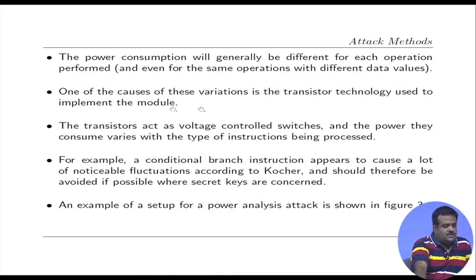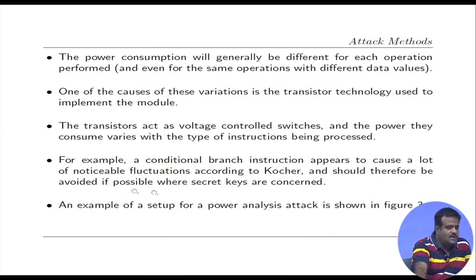One of the causes of this variation is the transistor technology used to implement the module. The transistors act as voltage-controlled switches, and the power they consume varies with the type of instruction being processed.